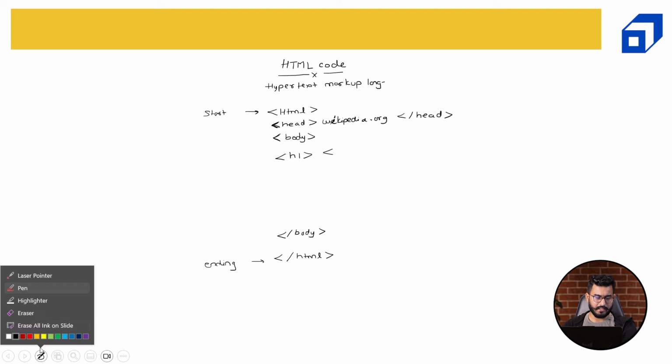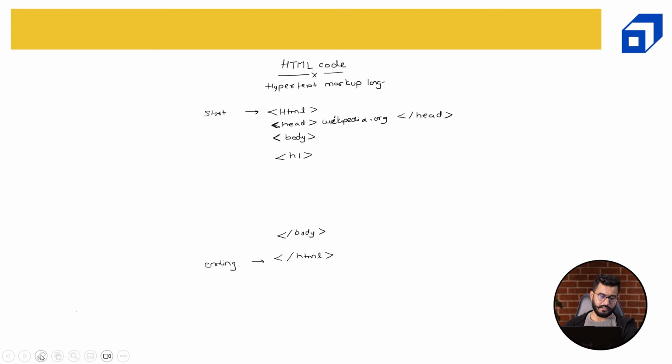So let's add a heading: My first web page. Then /h1. Then we will have h2 heading, level 2 heading also. So welcome. Then /h2. Then let's say I need to write a paragraph. So p. Then we have written some paragraph /p.